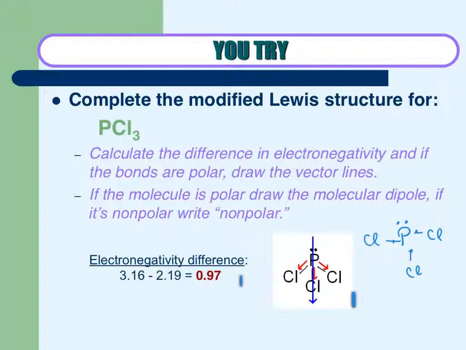But the electronegativity difference between the bonds is 3.16 minus 2.19, so my difference is 0.97, so all of those bonds are polar, meaning I have tug or pull going toward my chlorine on each of those bonds being made. Now, the ones that are left and right of one another essentially cancel out.